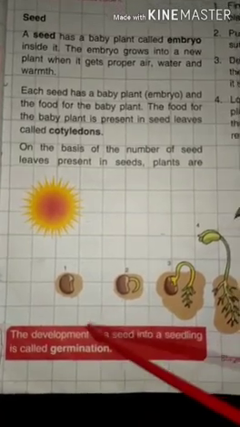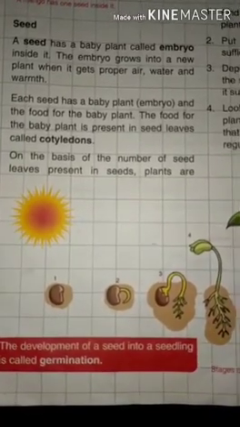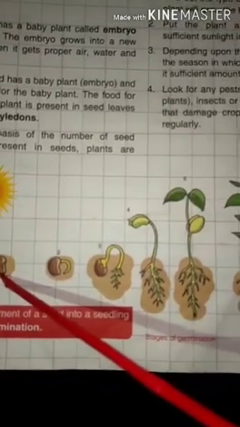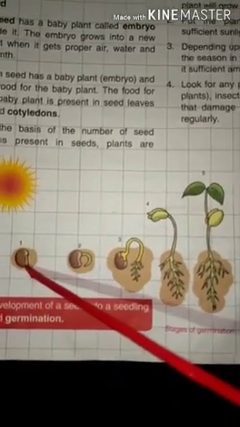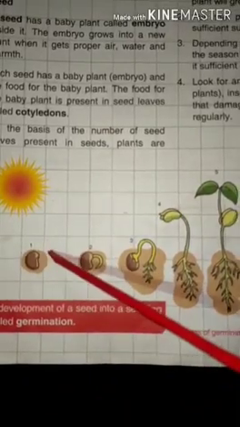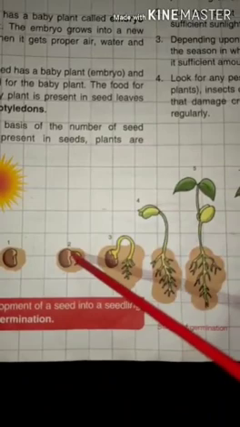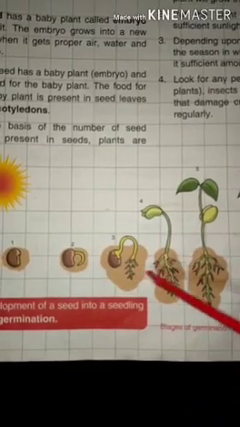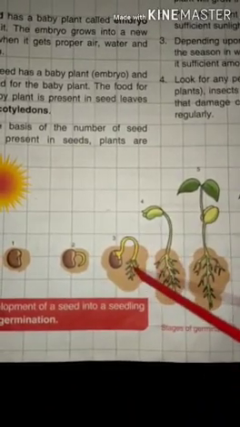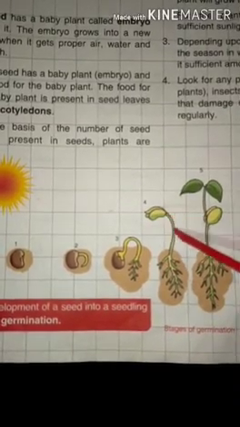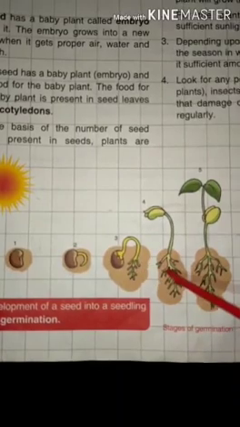Now see here, the development of a seed into a seedling is called germination. See, the first number, there is a seed inside the soil. Then a little root comes. Now see here, number three, then the shoot comes outside.